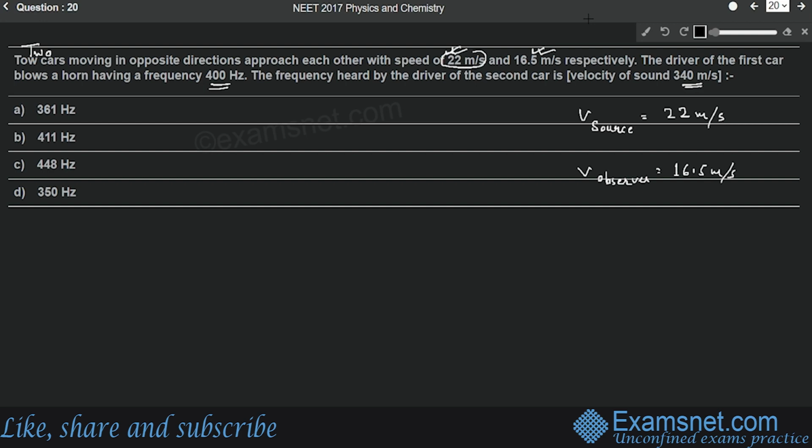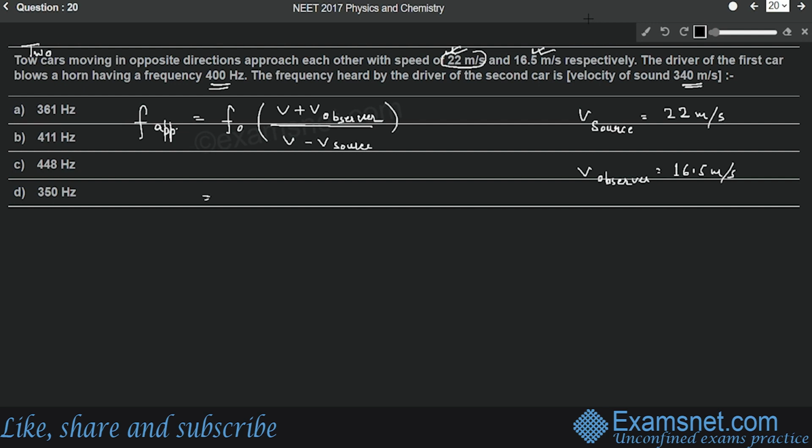So we know that the apparent frequency is equal to the frequency of the source into velocity of sound plus velocity of the observer divided by velocity of sound minus velocity of the source. So this is a simple formula based question.